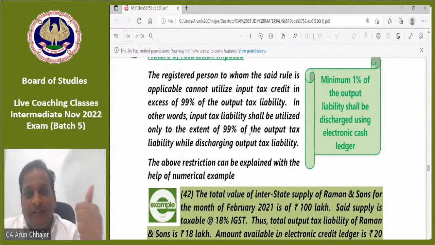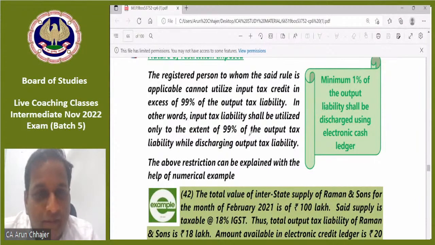What is the situation? The registered person to whom the rule is applicable, that is okay.